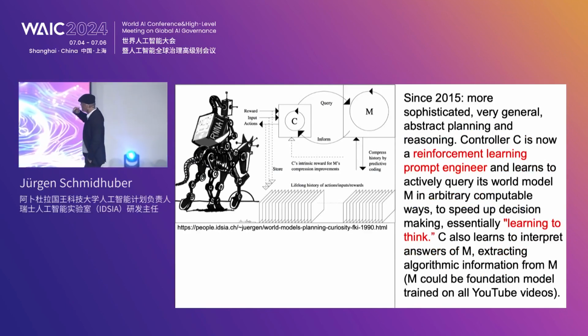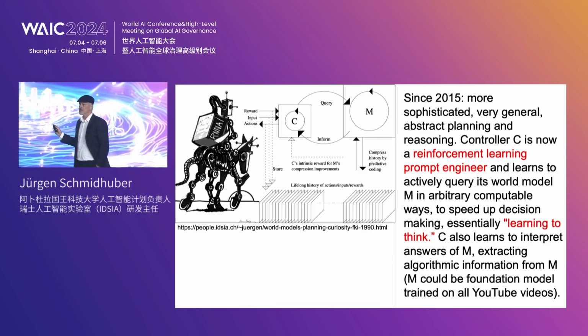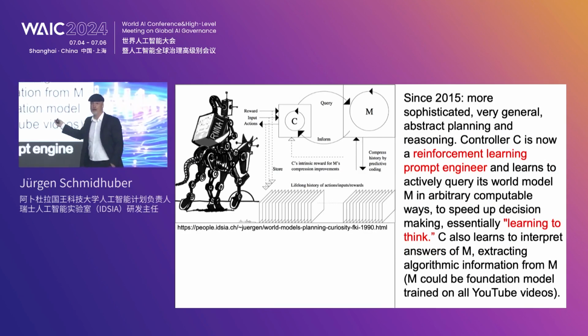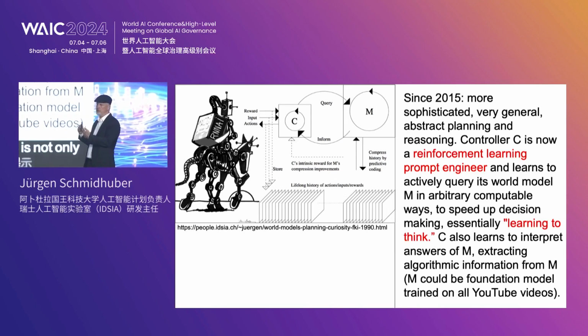So this picture here is from 2015, and it's about a reinforcement learning prompt engineer. So this prompt engineer here of 2015, so about 10 years ago, is not any longer doing millisecond by millisecond planning. No, instead, there's the controller, there's still the controller, and then there's the world model. It's called M in this picture, and the M maybe has seen all the YouTube videos.